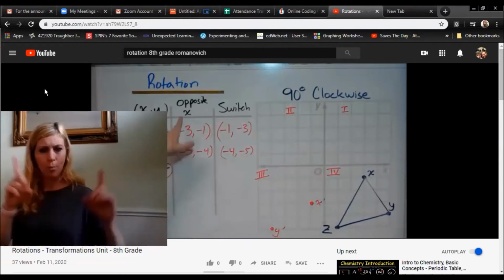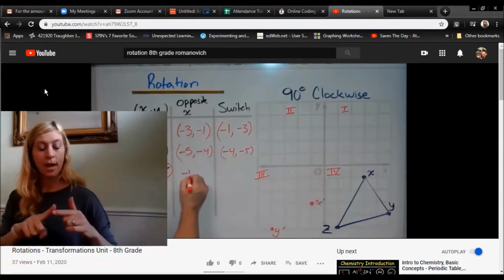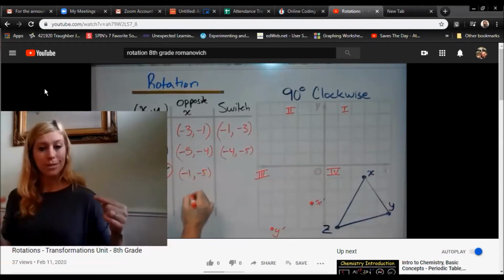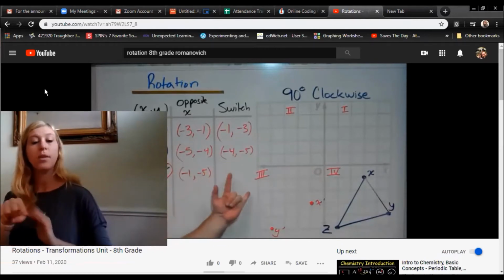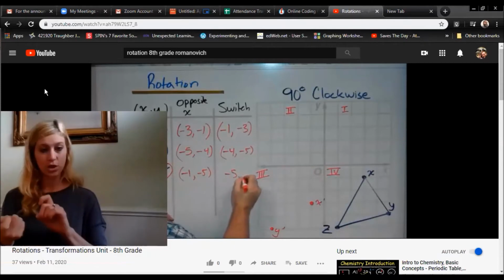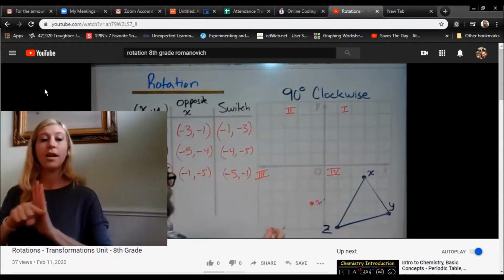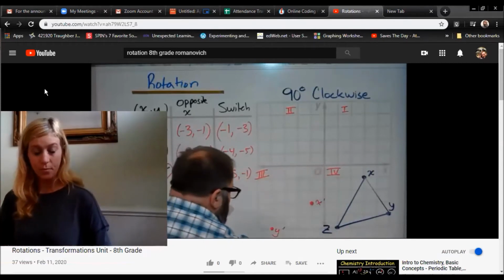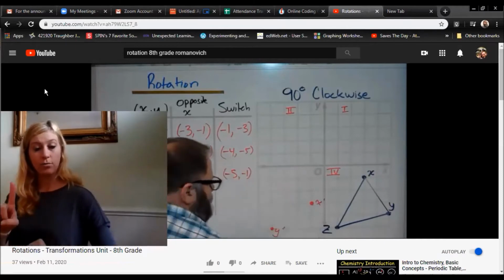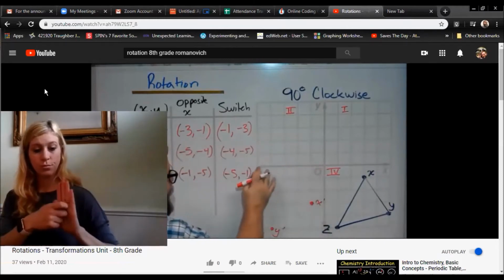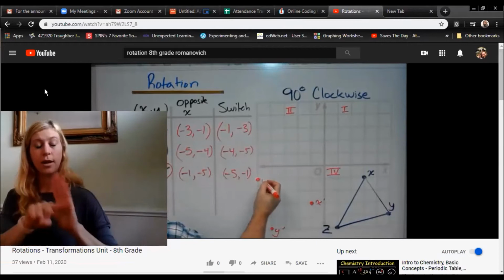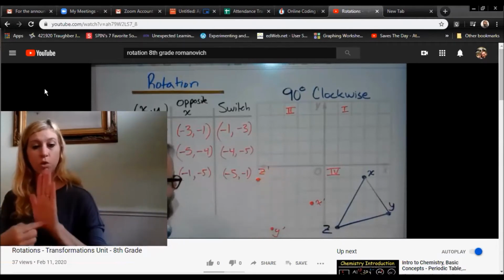I've got 1, -5, I want the opposite x, -1, -5, and now switch. -5, -1. So -5, -1 is going to be right on my symbol here. So -5, -1 is right here. And that is z prime.